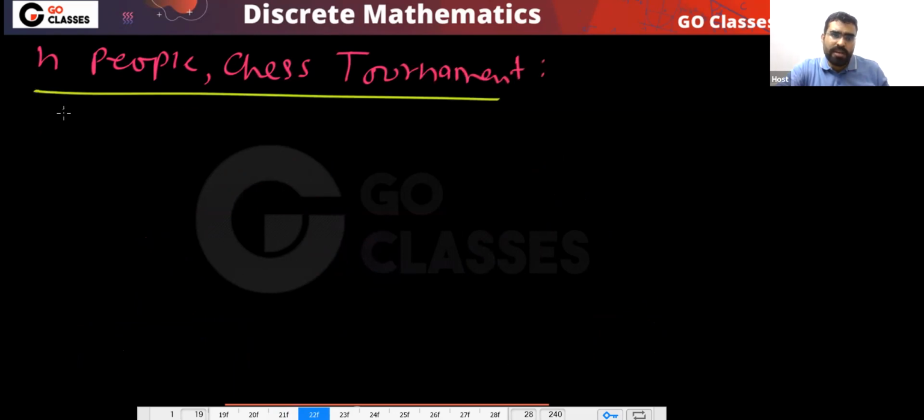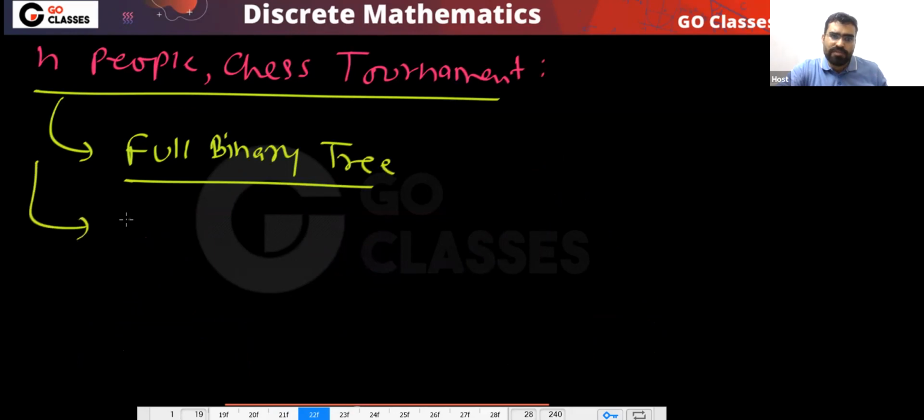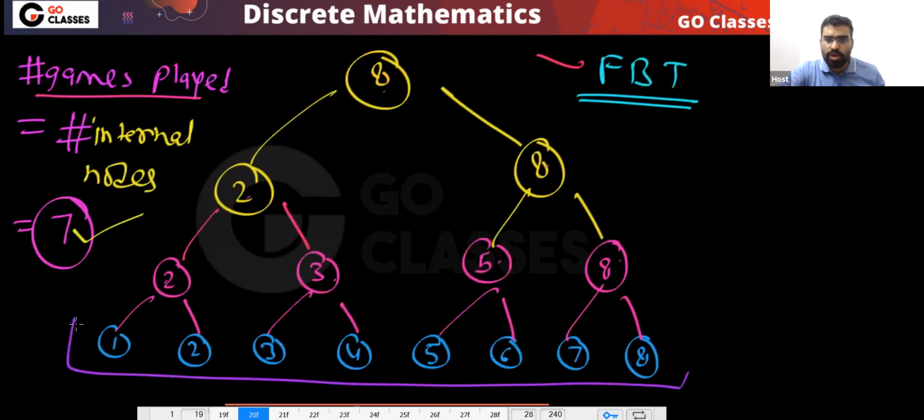This tournament will actually create a full binary tree. Yes or no? And what will be the number of leaves? The number of leaves will be these n people, because there are a total of n people. Here you have a total of 8 people. So these are the number of leaves.